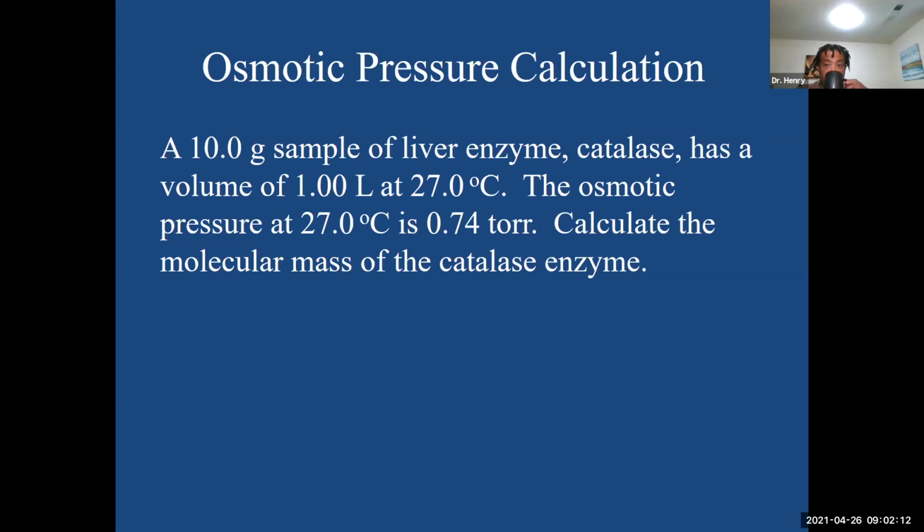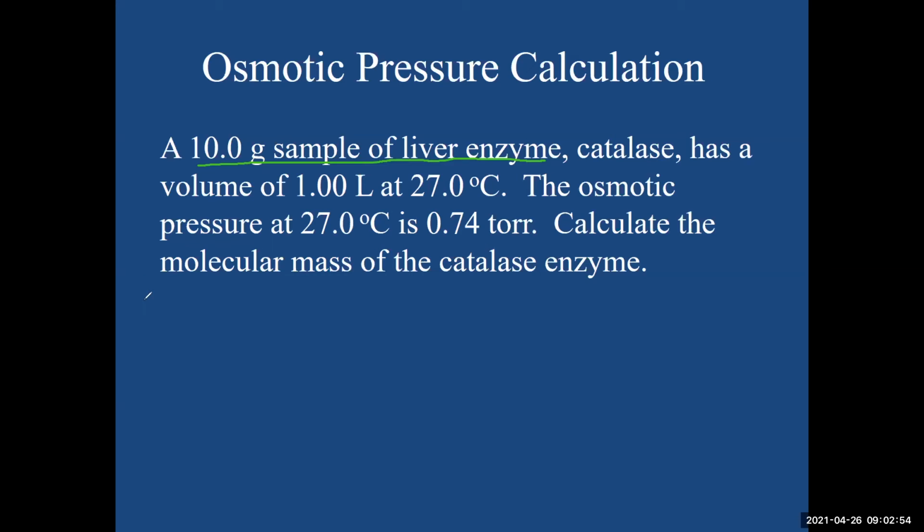Okay, so how would I go about doing that? So what are we given? Lena, what are we given? 10 grams of liver enzyme. Okay, so we have 10 grams of our enzyme. What else are we given? Abby?